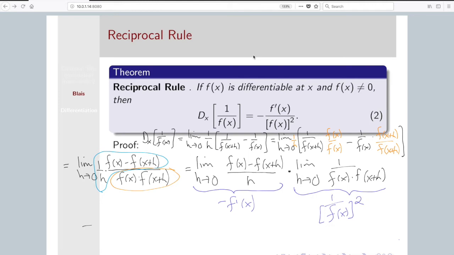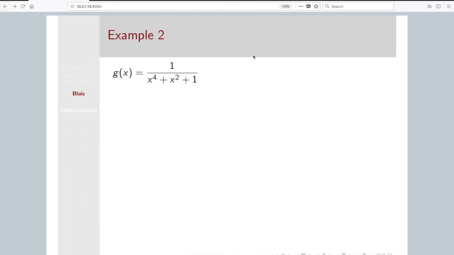So this becomes negative f prime of x over f of x squared, which is the rule we were trying to prove. So this gives us a method, again, for calculating the derivative of a reciprocal of a function. So for example, consider this function.